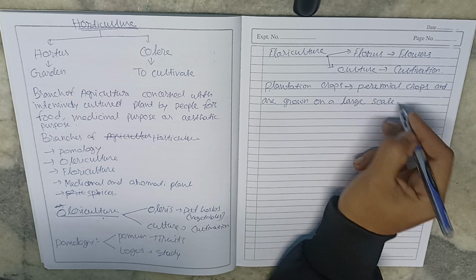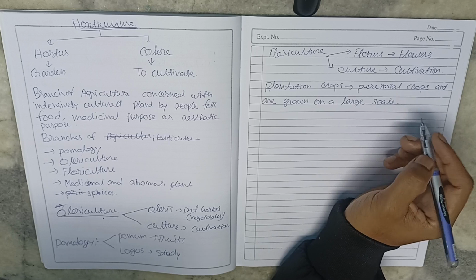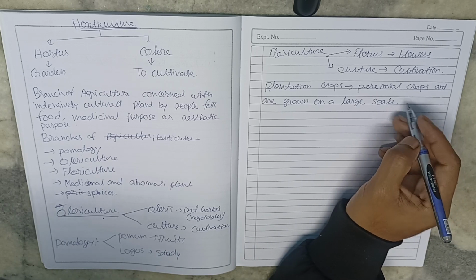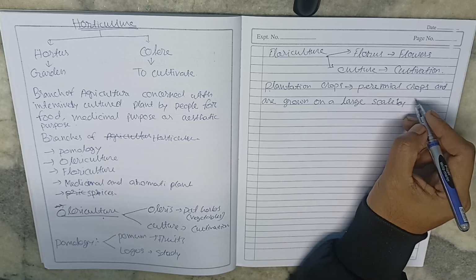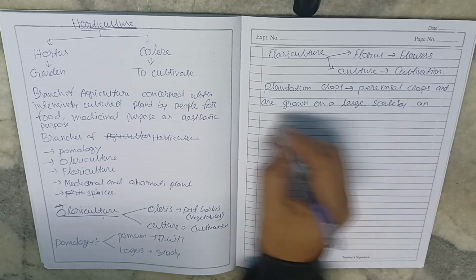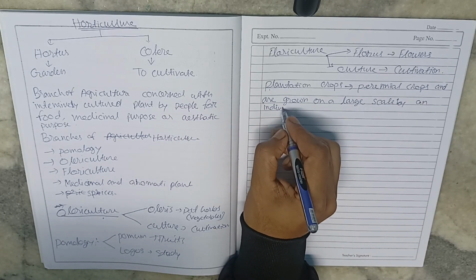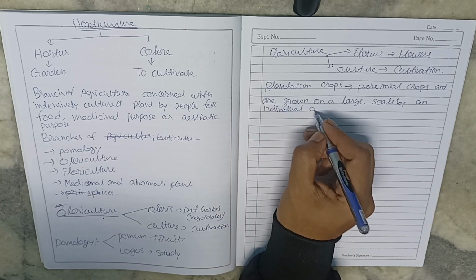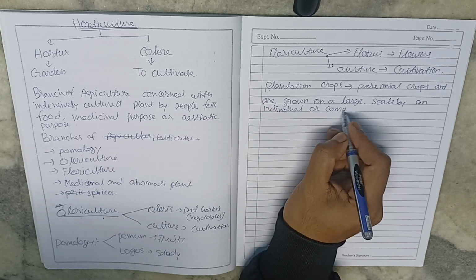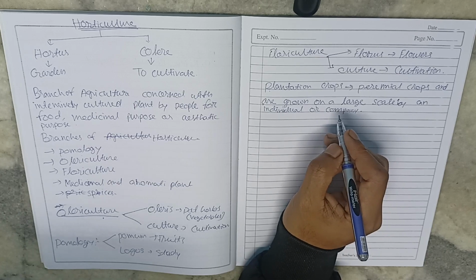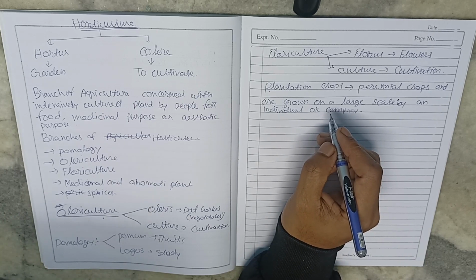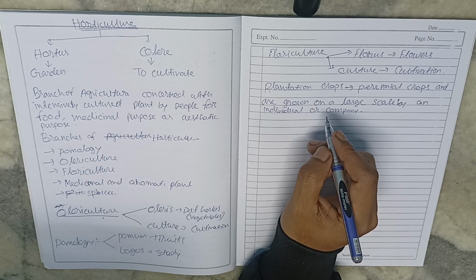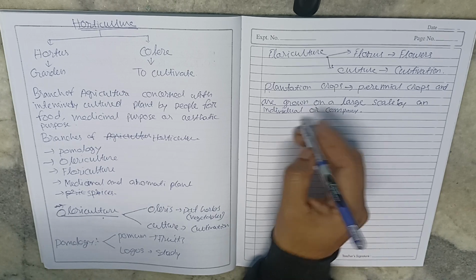And these are generally perennial crops that are grown on a large scale by either an individual or a company. People who have a large estate, or large gardens, generally cultivate these kinds of plantation crops. After that, these plantation crops require post harvest technology. You must have seen that tea has to undergo the curing process.